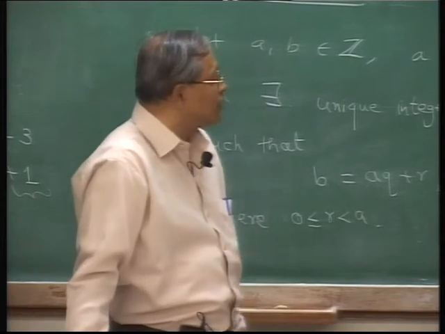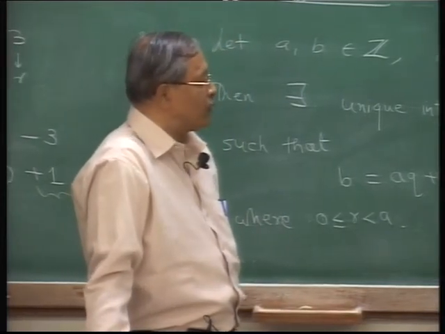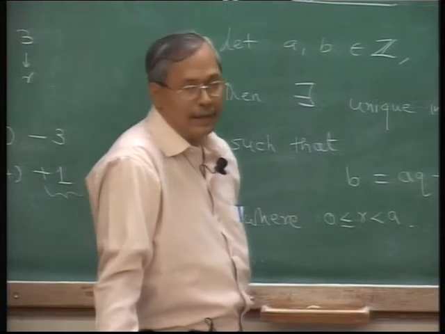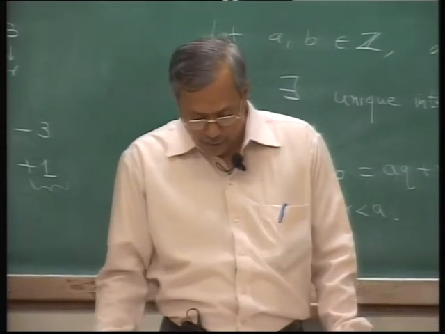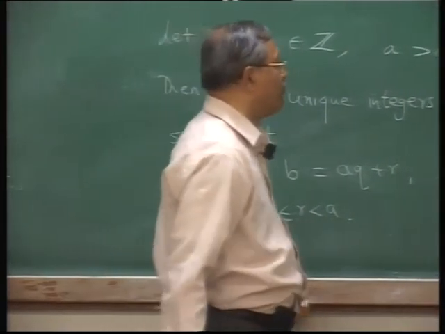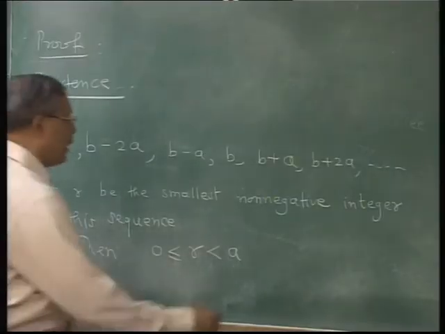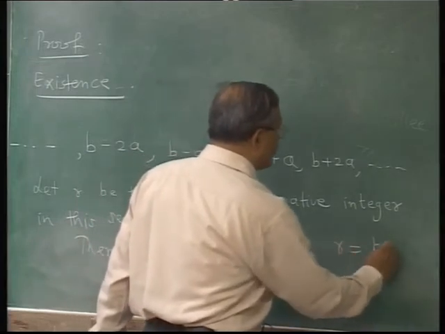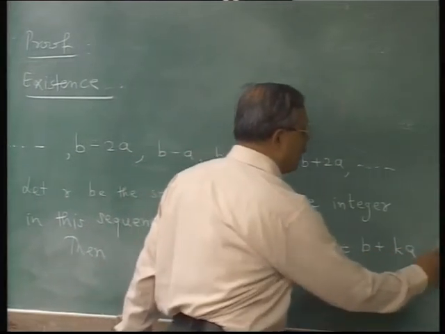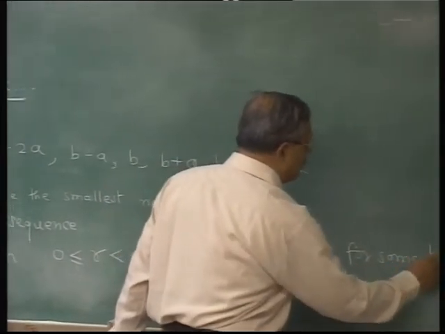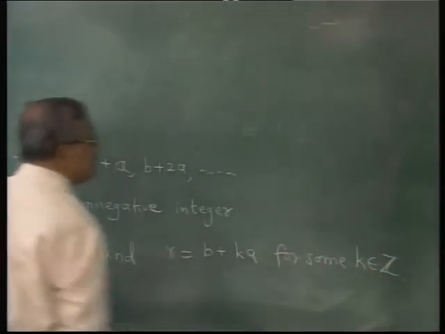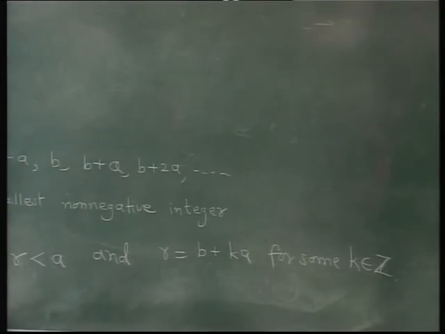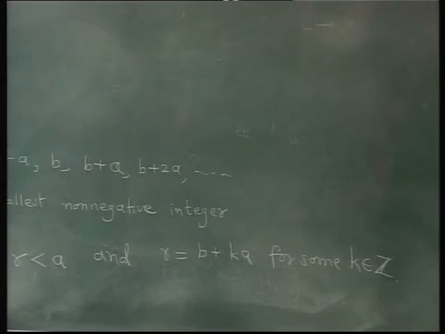So I want the smallest non-negative integer in this sequence. So this r has to be less than a. And already we have the form that r is equal to b plus k times a for some k in Z. We have r in this form because it is in this sequence, so it is of the form b plus k times a.